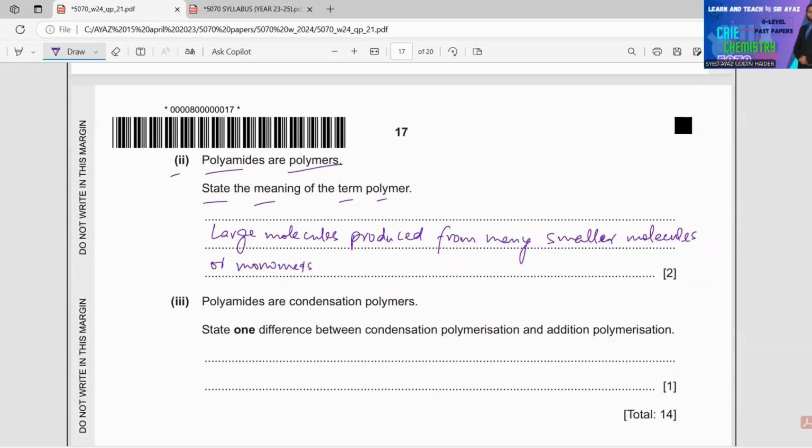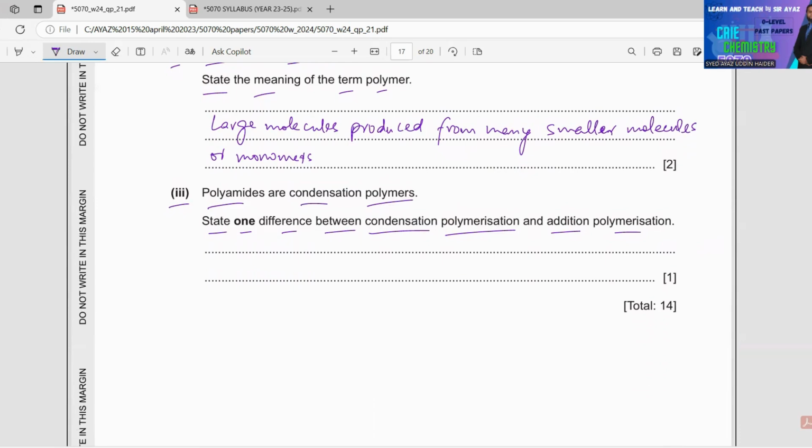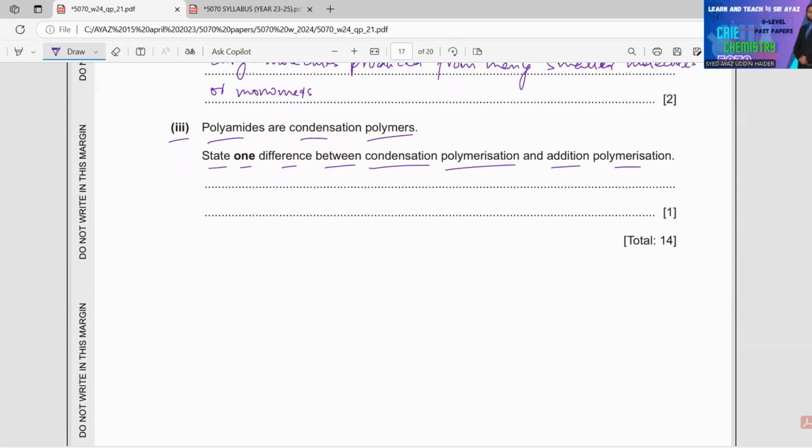Number 3, polymers are condensation polymers. State one difference between condensation polymerization and addition polymerization. So you have to write a difference between condensation and addition polymerization. You can write any one of these.